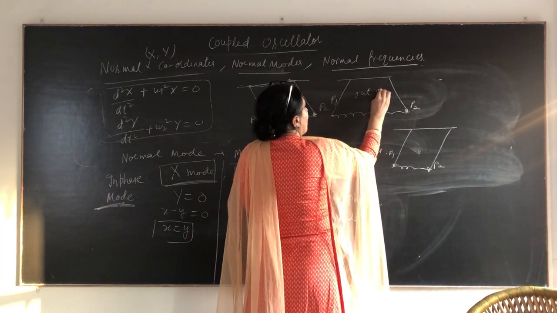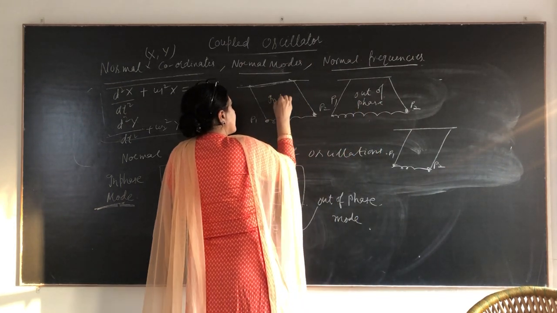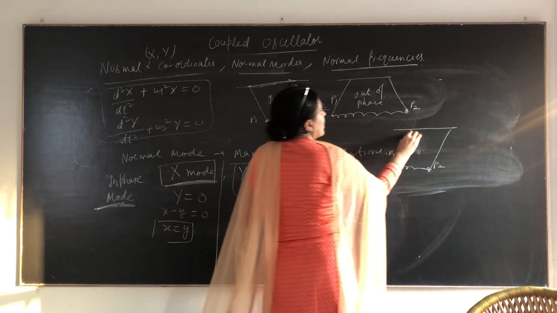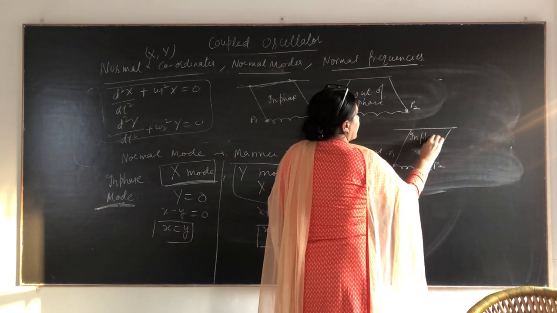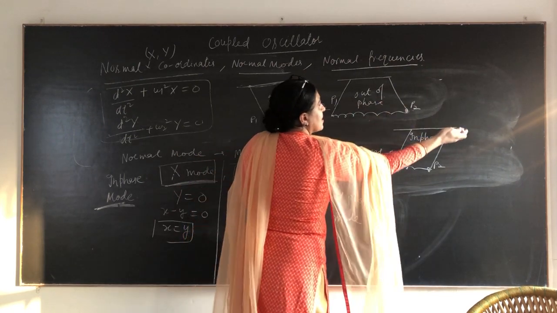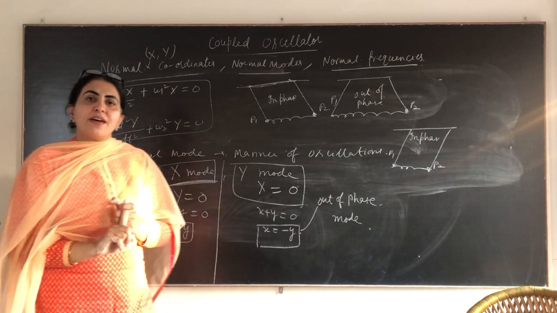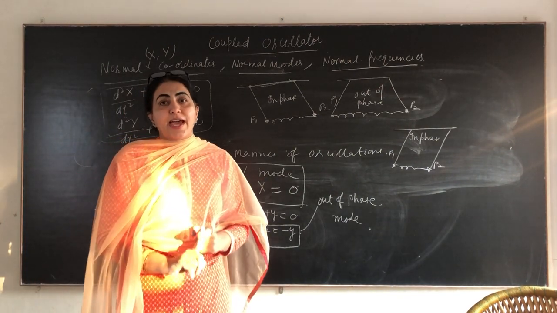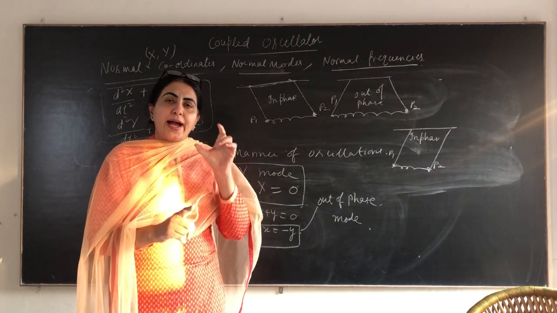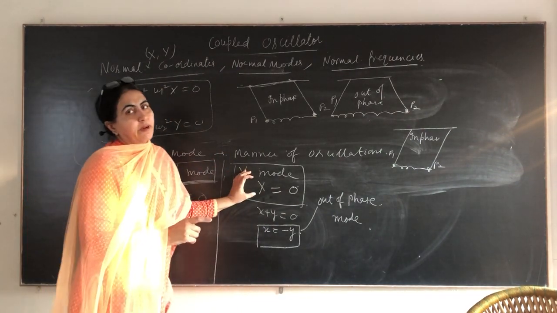So these are the normal modes. There are two modes, one in phase and the other out of phase. At a time one mode is present, either capital X or capital Y.